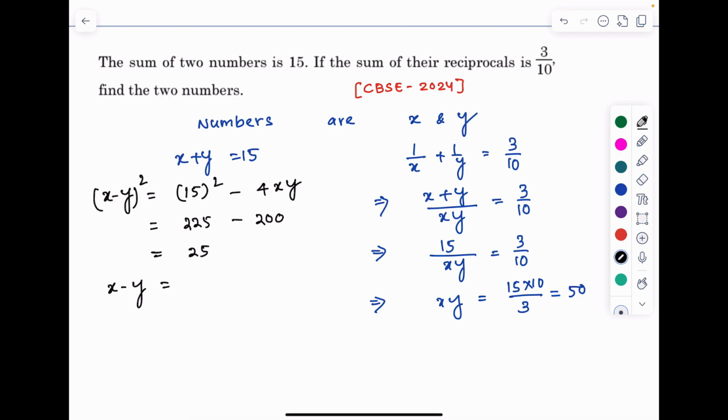So x minus y is equal to square root of 25, that is equal to 5.